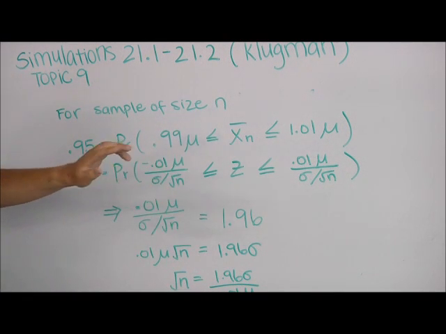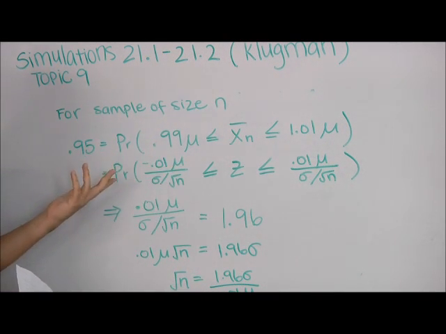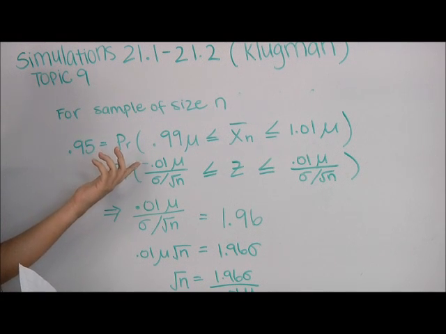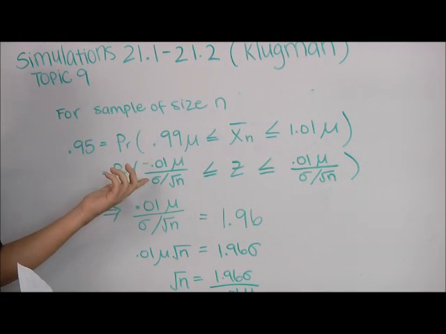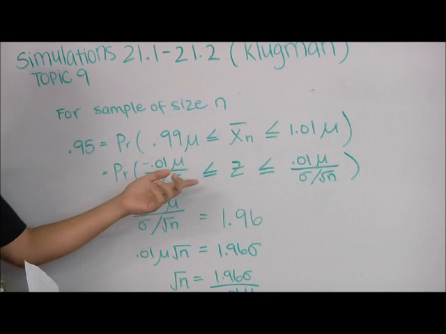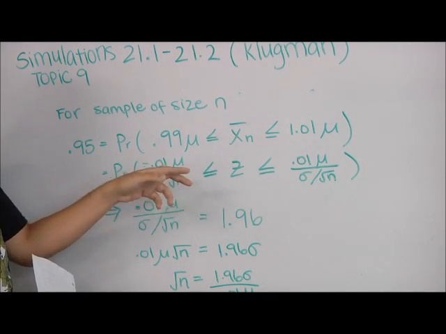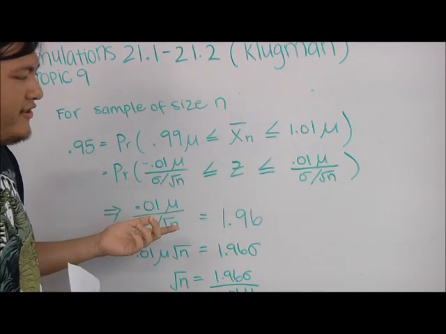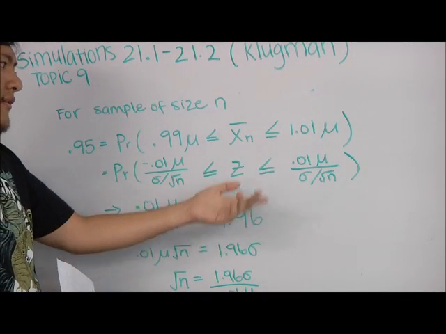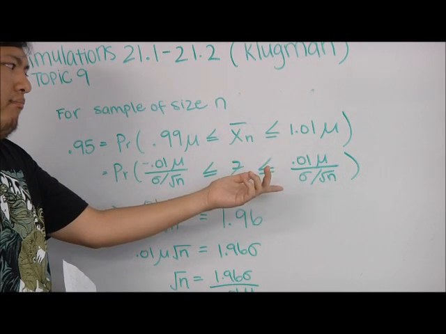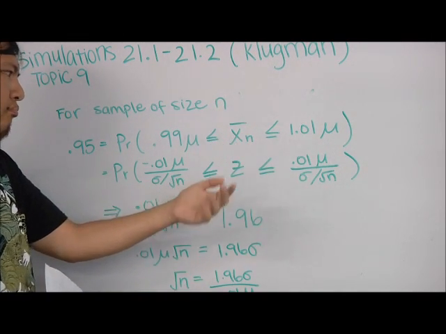And then you standardize it, and of course you get the probability of negative 0.01 mu over sigma over square root of n is less than or equal to z, because this becomes z when it's standardized, and it has the standard normal distribution, and that is less than or equal to 0.01 mu over sigma over square root of n.